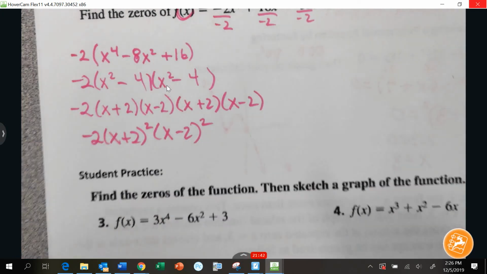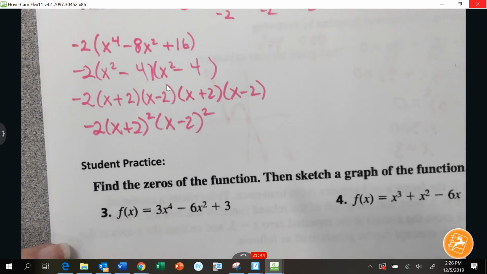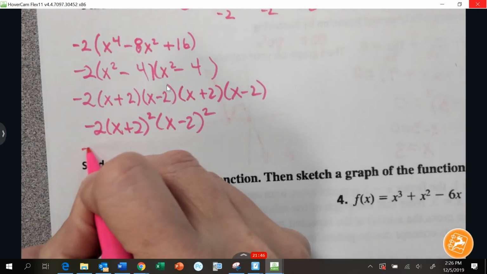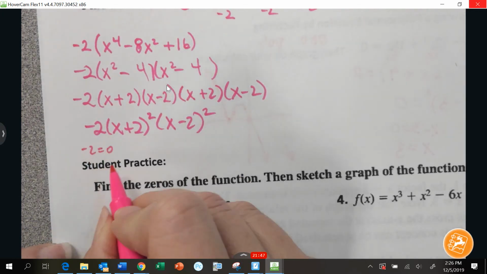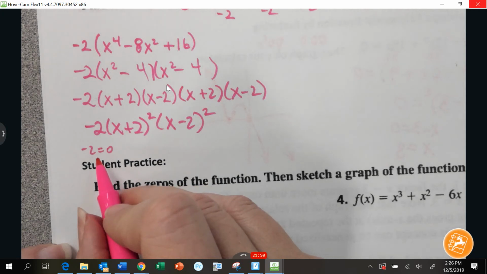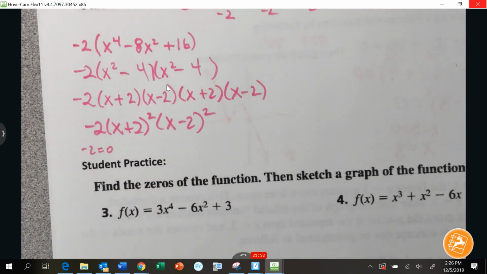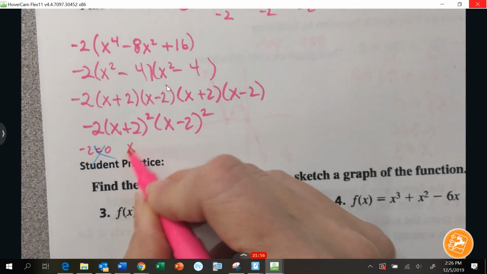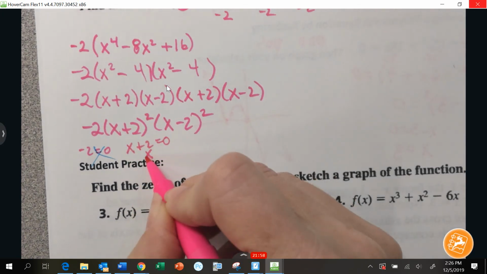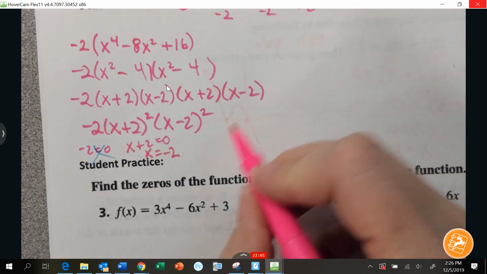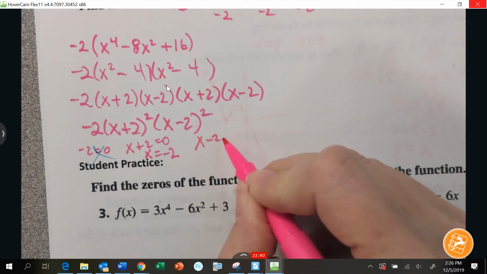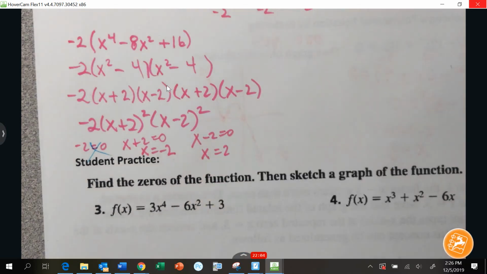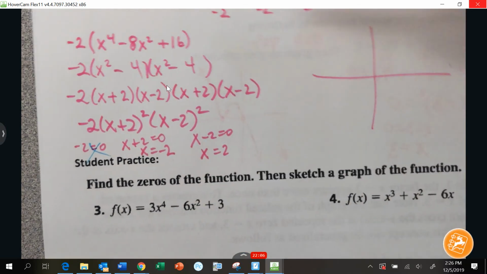So we're going to solve this for x. I first do negative 2 equals 0, but does negative 2 equal 0? Can I solve for x? So we don't need that. How about x plus 2 equals 0? Negative 2 twice, right? And how about x minus 2 equals 0? Twice.